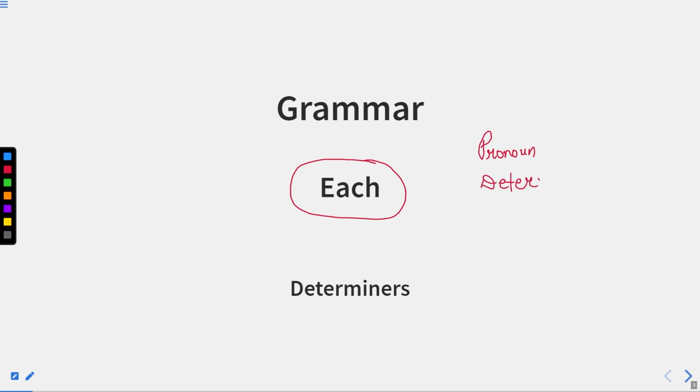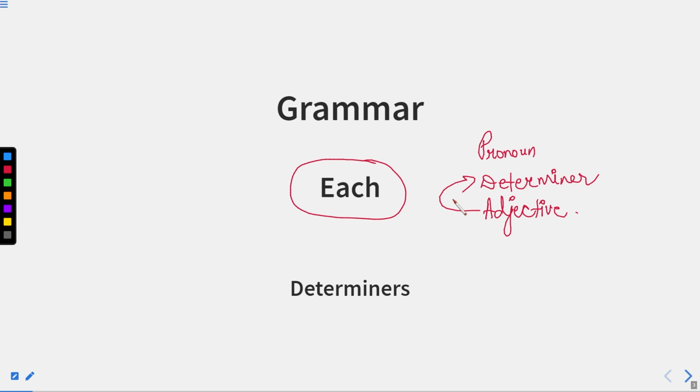Now, as I told you before, determiners can be adjectives or articles as well. We have already completed the entire part of articles, but in this session, we are going to discuss each. Each can be an adjective as well. But as we know, if it is an adjective, it is obviously a determiner, because all the determiners are adjectives.